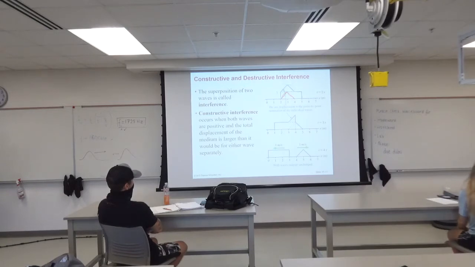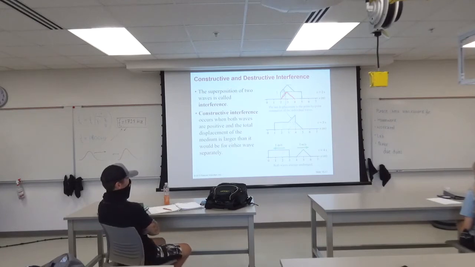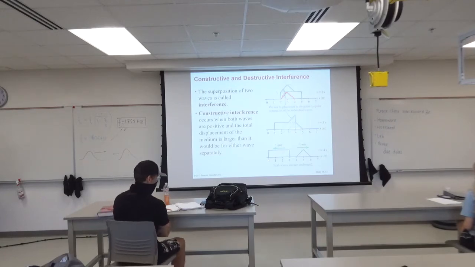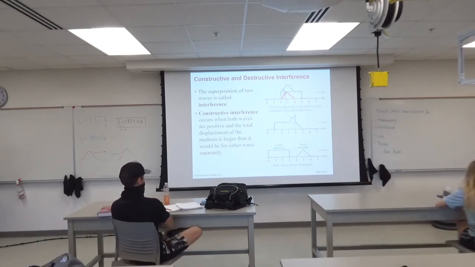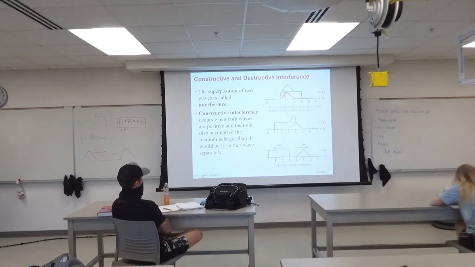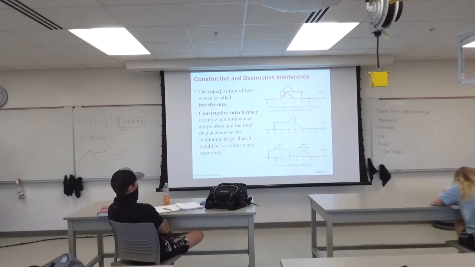So that's the height. Likewise, you add the height of the red one and the height of this green one, you get that height. You add this point and that point, you get that. And that point and that point, you get that. Okay. So this is the resultant.